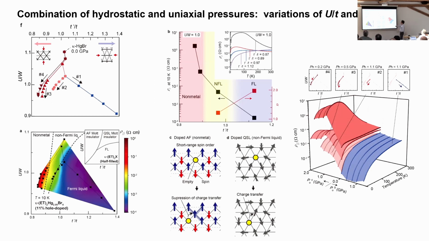The color shows the resistivity values at 10 kelvin. That means very high resistivity here, and this is metallic. So this means that if you release the frustration, namely when the system goes toward the square lattice, the resistivity goes up.